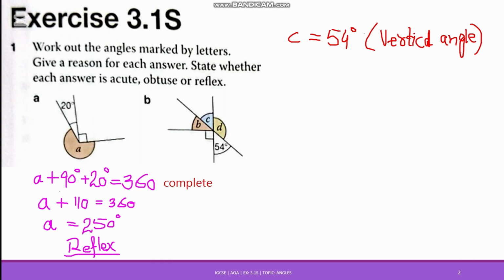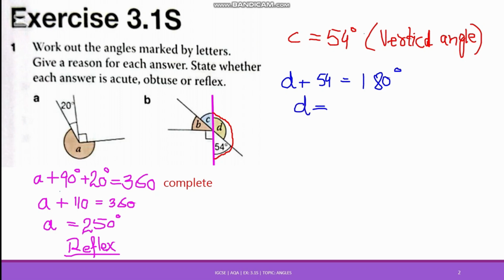Now to figure out the size of D, we will consider a straight line. On a straight line, the angles always add up to 180 degrees. So we will make another statement: D plus 54 degrees should be equivalent to 180 degrees.